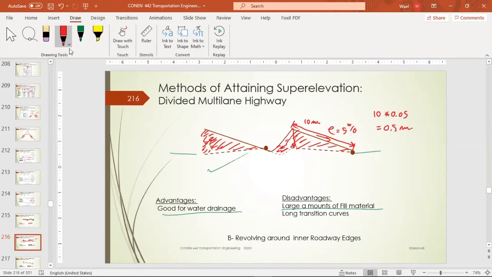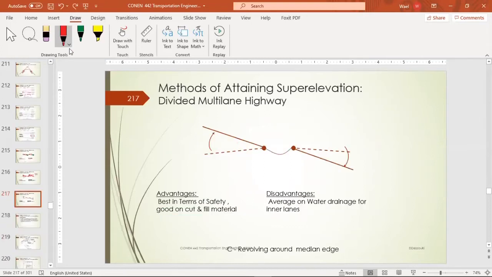So we have 50 centimeters higher than the inner. That's assuming we have only 2 lanes. But if we have 3 lanes, or maybe 15 meters, we have 75 centimeters. So it's not as simple as you might think.